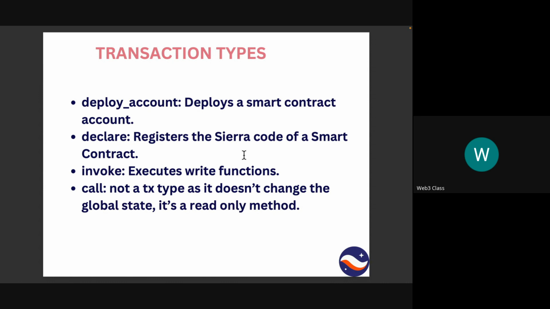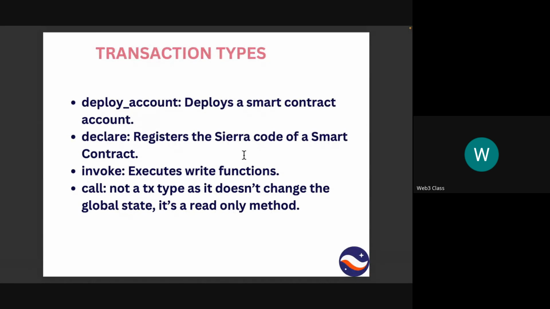Then call is actually not a transaction, because call is a read-only method. So it doesn't change the global state, it doesn't require gas. You are only reading from it. A transaction is only valid when it changes the state of the blockchain and consumes gas.